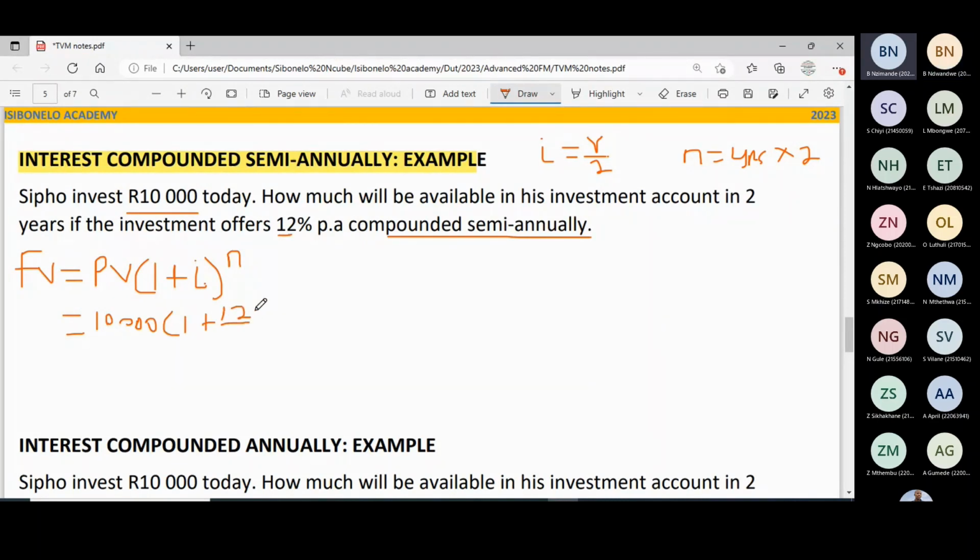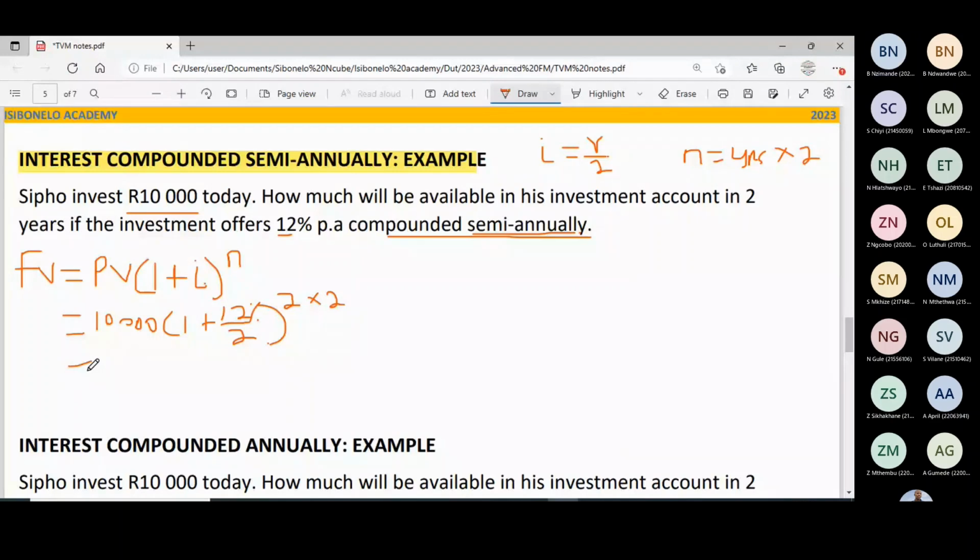So we're going to divide this by 2 so that we get the half yearly rate. Exponent N. So N is 2 years times 2 because the interest is compounded half yearly or semi-annually. So half yearly is the same as semi-annual.